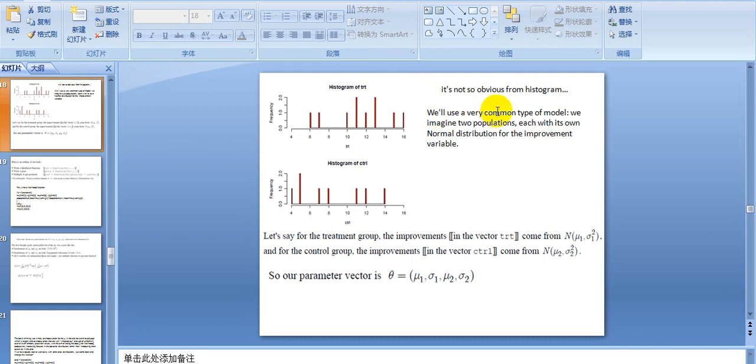So we will use a very common type of model. We imagine 2 populations, each with its own normal distribution for the improvement variable. So here is the model for the Bayesian data analysis.